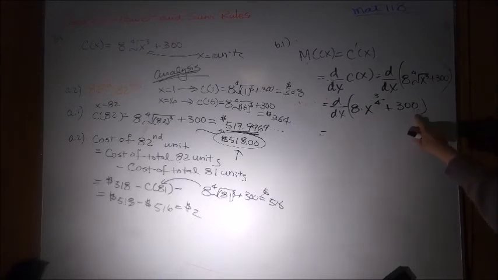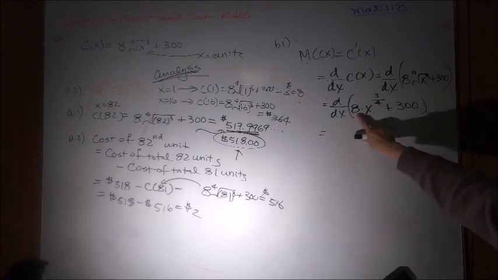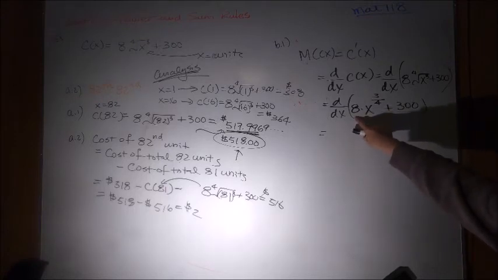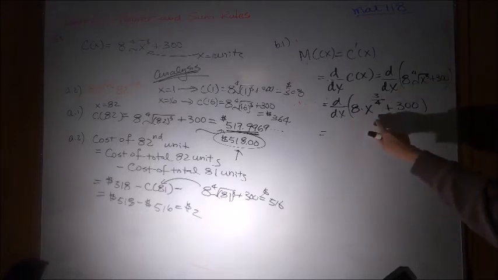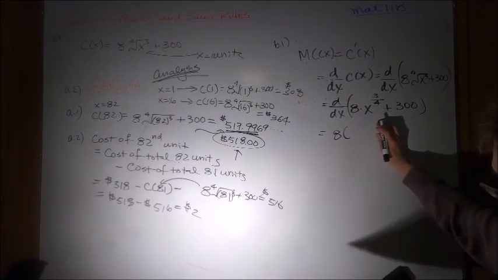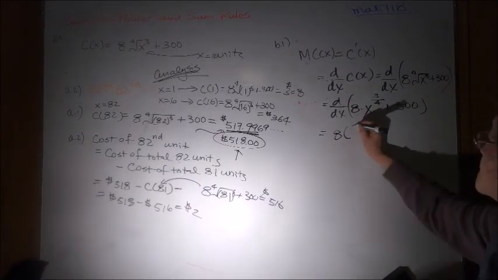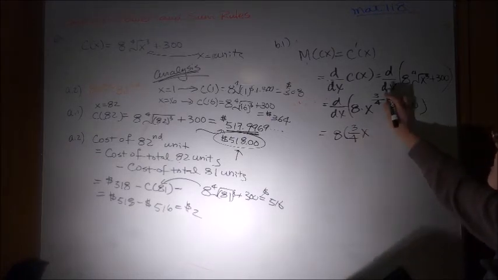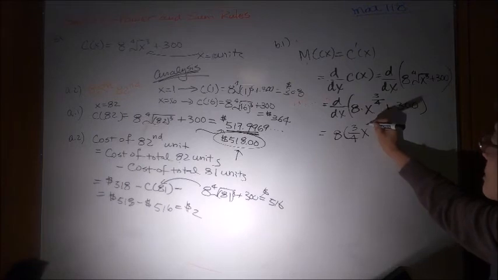Derivative of a constant is 0, right? Constant rule. Derivative of a multiple with a constant: you take the derivative and take the 8 out. So then you take the derivative of this, which is what? 3/4, right? x to the 3/4 minus 1 is what?